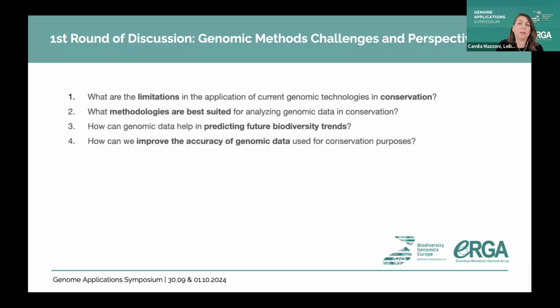How will genomic help us in the future? And how does this differ from all the other type of data that is out there? And finally, how can we improve the accuracy of the genomic data that we produce, so the analysis that we produce for conservation purposes, maybe with more targeted approaches, or maybe with some other more generic approaches that will increase this accuracy?